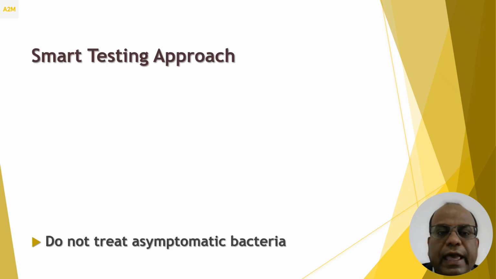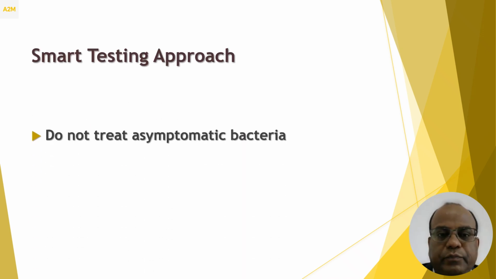So when we care for older adults, we must be careful with investigations. Not every test helps. Some tests can cause stress, pain, or confusion. A smart testing approach means ordering tests only when they change the plan of care.